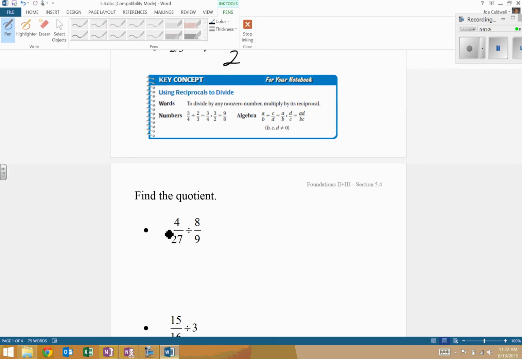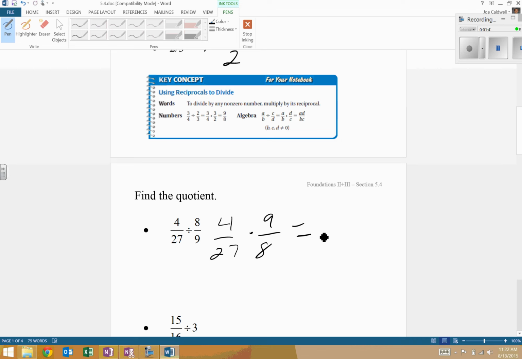For example, here we're going to have 4 over 27, and instead of divide, times 9 over 8. So change it to multiply and flip it.